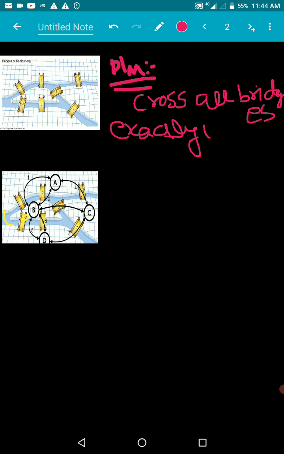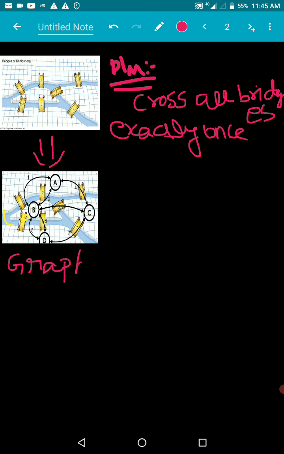This is the problem, but it is complex, so we can translate the real-time problem into one of the mathematical models, which is called a graph.